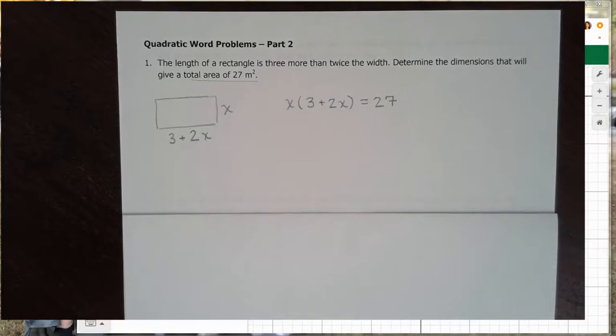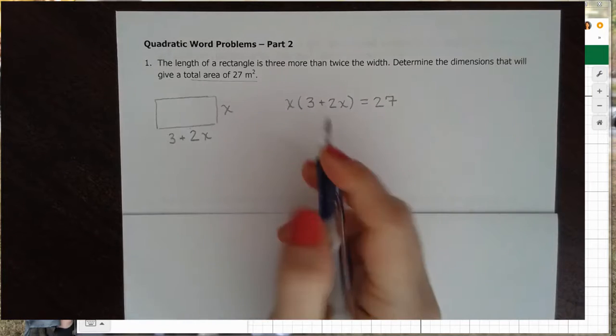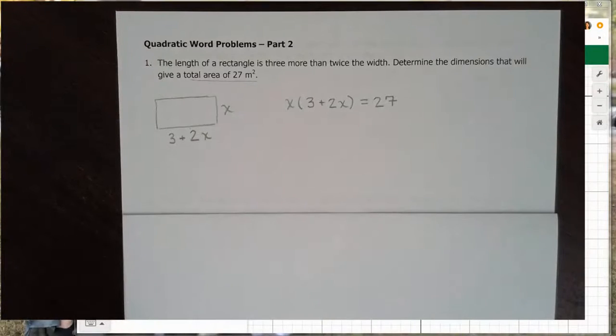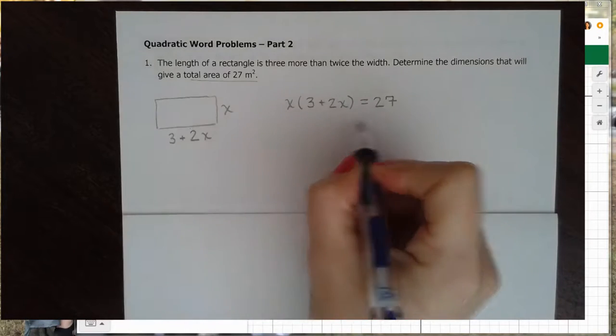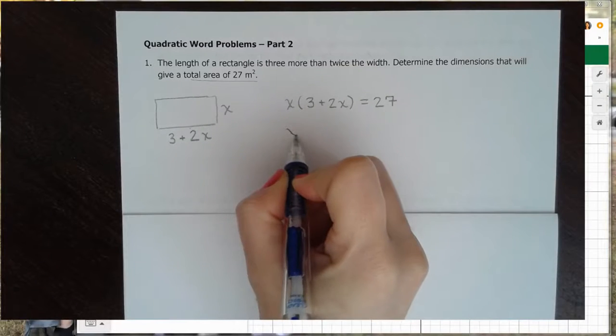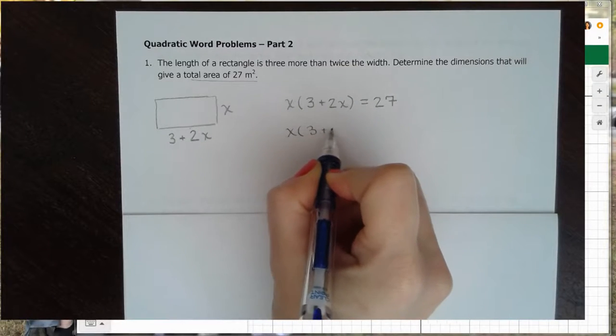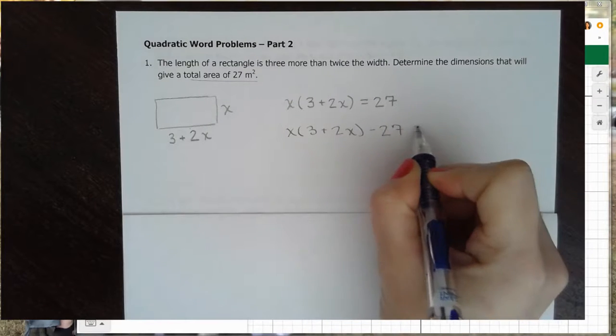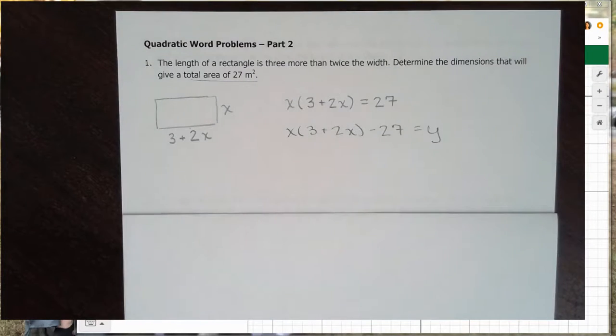Now, the nice part about this unit, since we are in the calculator active section, I don't have to distribute this. I don't have to go to the box to factor. You could in this instance, but what I'm going to do is leave it as x times 3 plus 2x minus 27, and that's going to be my equation that I use in Desmos.